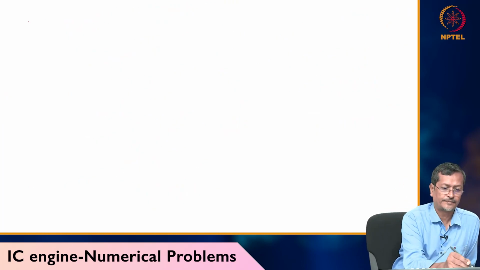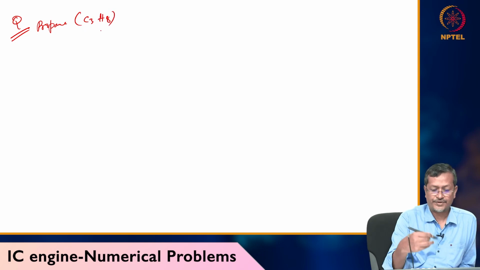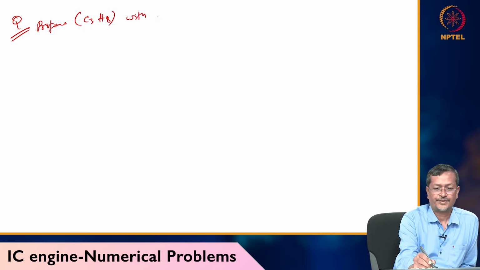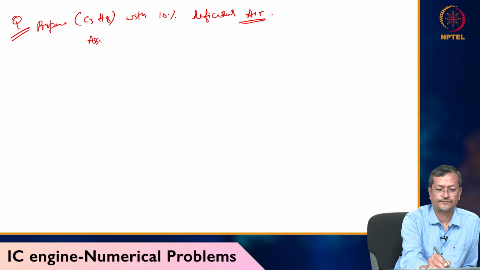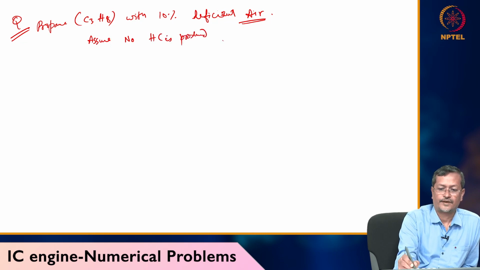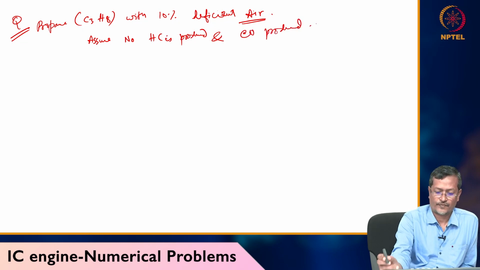Now take another problem: propane, C3H8 with 10% deficient air. Assume no hydrocarbon, no HC is produced, and CO is produced.